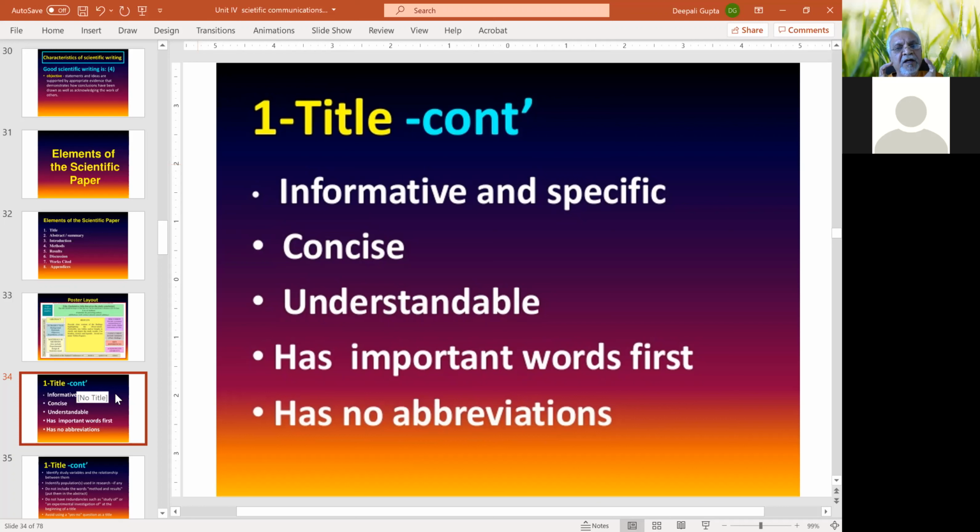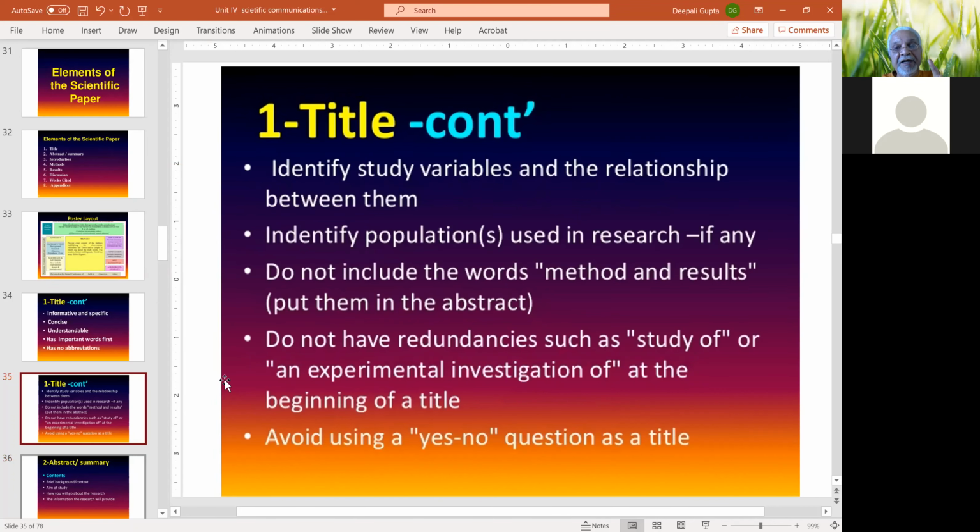It should be informative, specific, very short. I mean, titles are short, you would have read many titles, and it should be understandable. And of course, there should not be abbreviations in it. These are some of the points which one has to keep in mind.